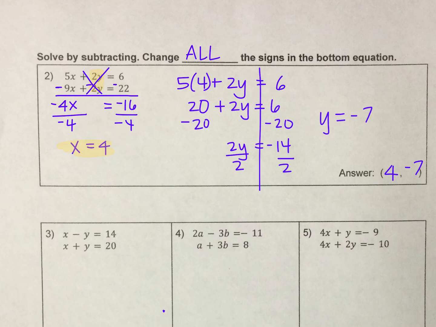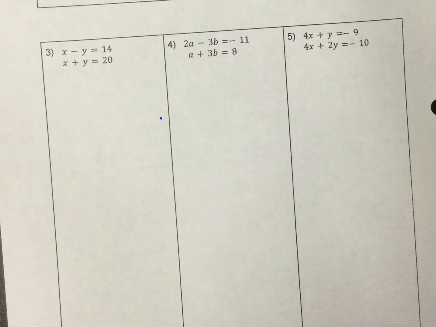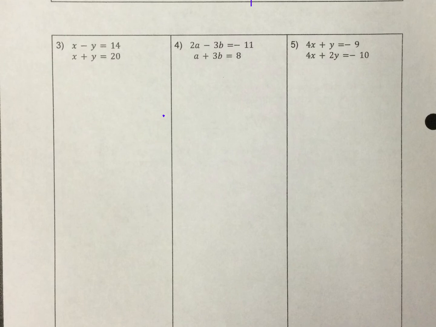I'm going to do 3 more examples with you, and then you're going to do the next page by yourself. So let's look at number 3. I'm going to put ones just so it helps me, and that'll be a plus.